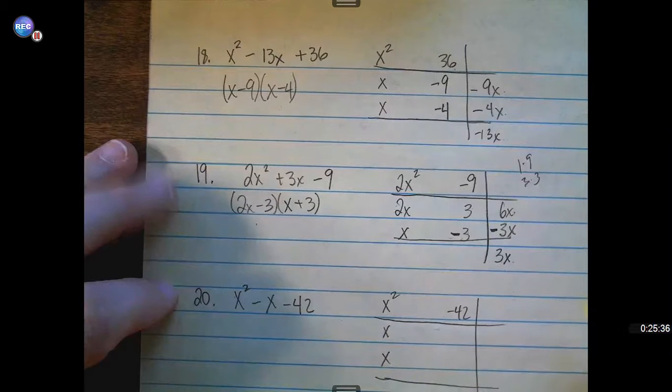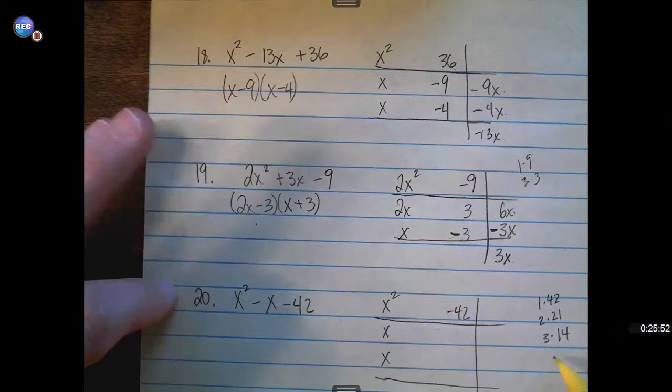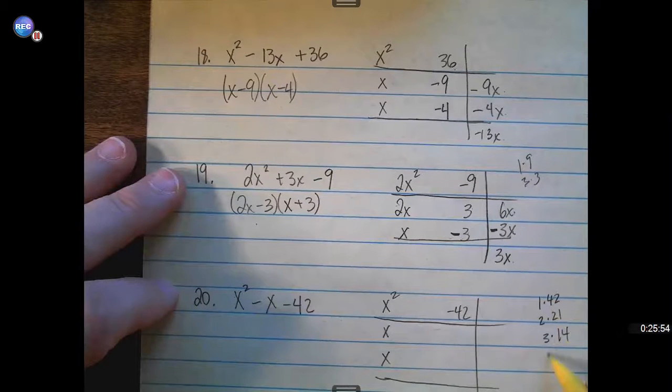See, I could use 1 times 42, 2 times 21, 3 times 14, 4, 5, 6 times 7. There it is, 6 times 7.